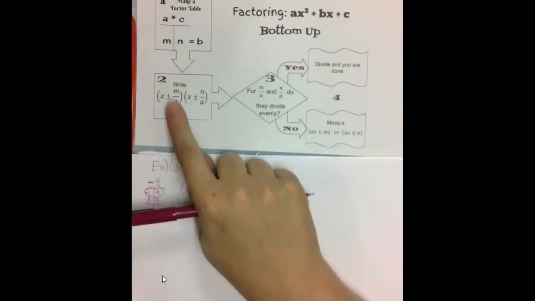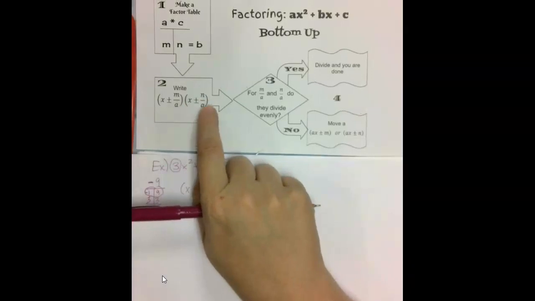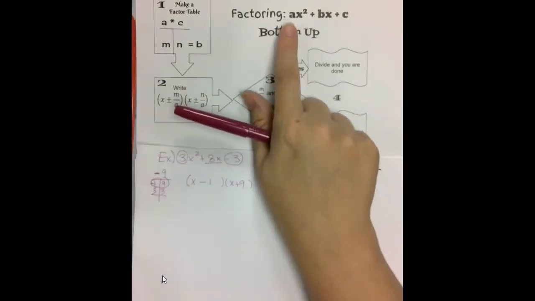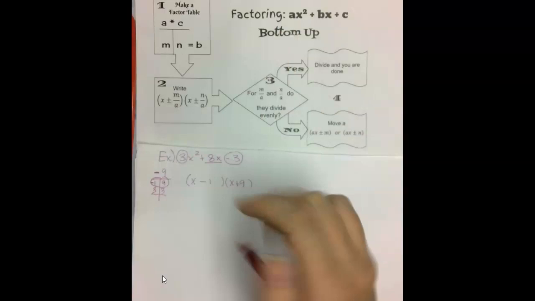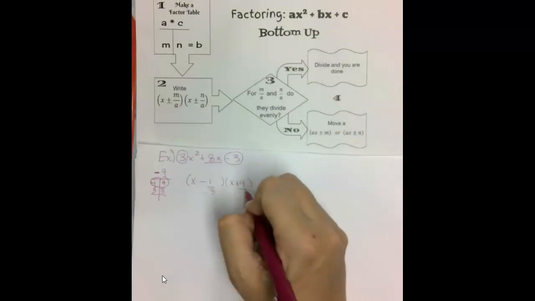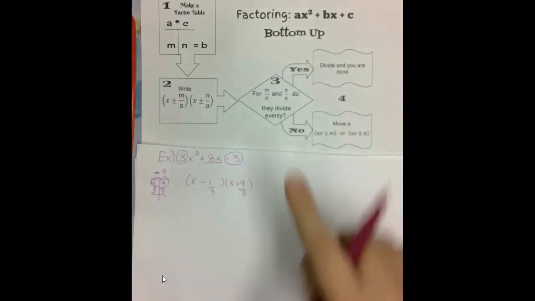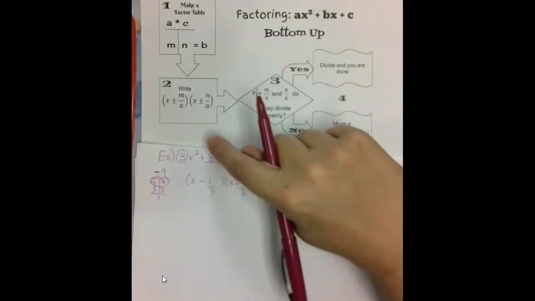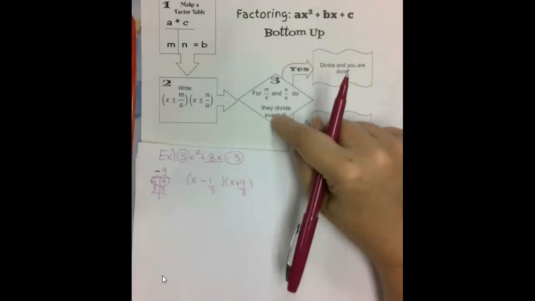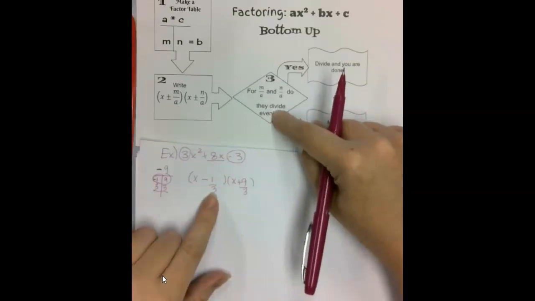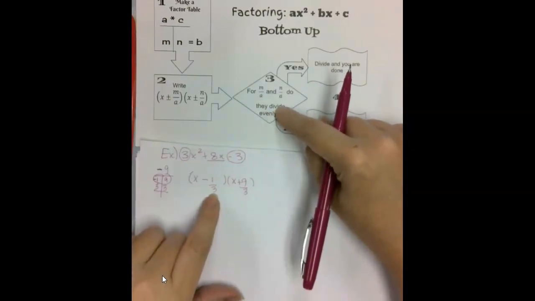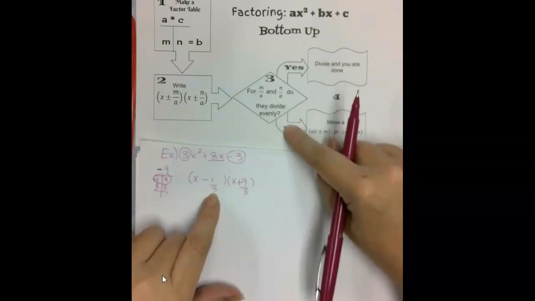Then notice that it also has divide by a. So I come back and I take whatever my a was originally, which in our case is 3, and I have to divide both of these by 3. That's this part. Then it says, does each one of these right here divide evenly? So this first one, does 1 over 3 divide evenly?